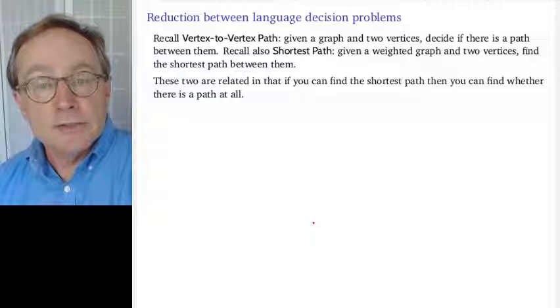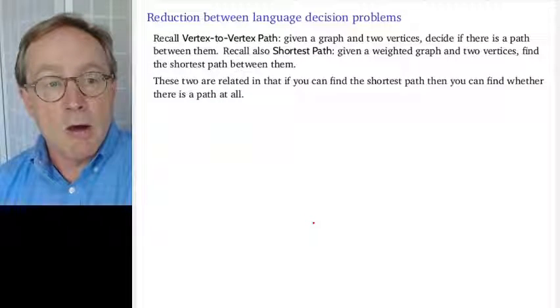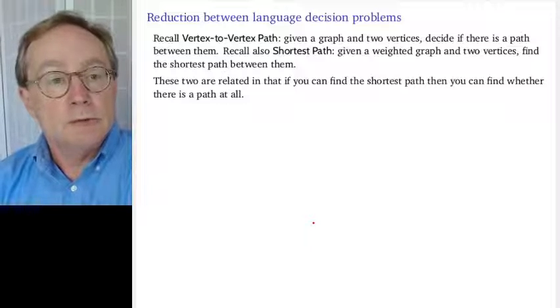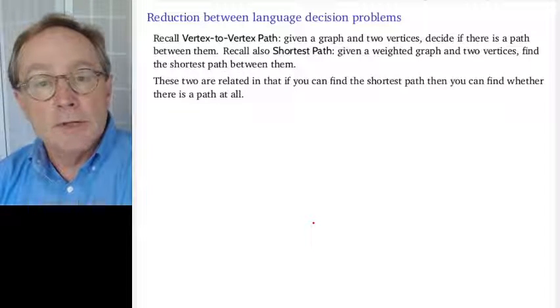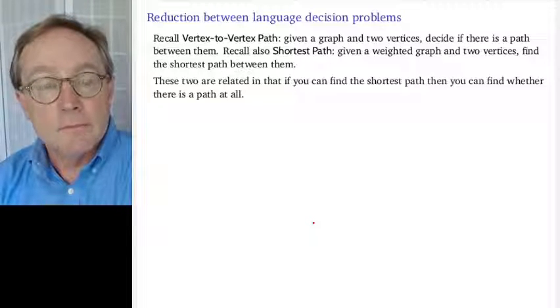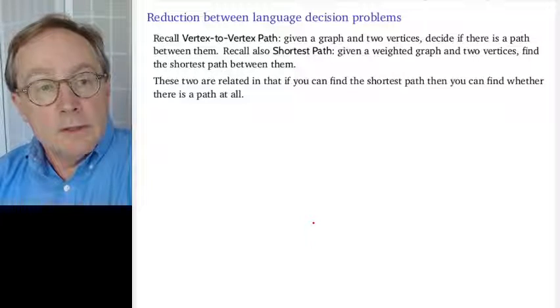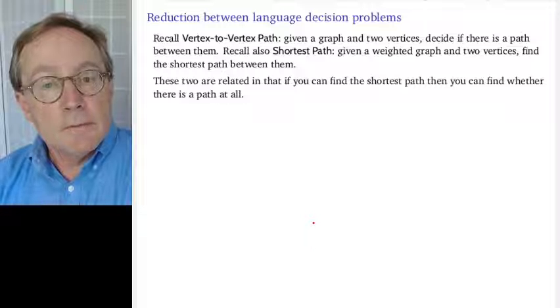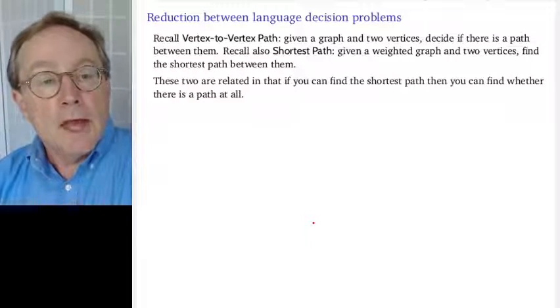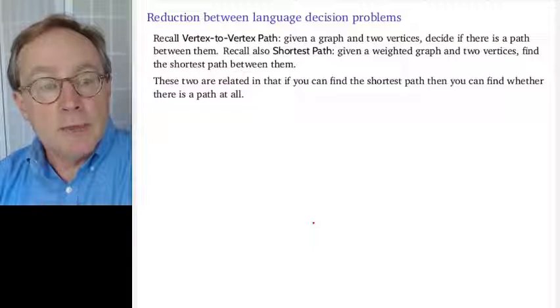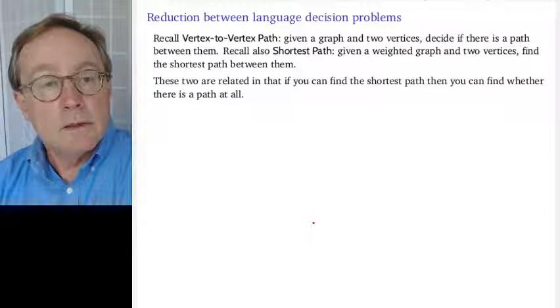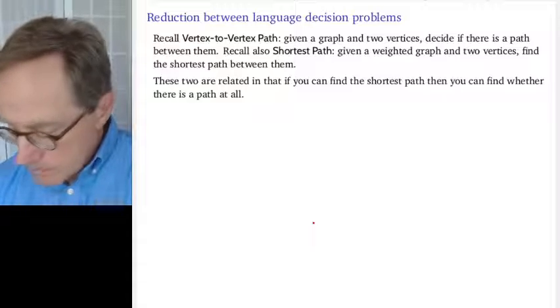So shortest path is a more complicated problem, or greater than or equal to complicated, than vertex-to-vertex path. More in the context of this chapter, if you could solve shortest path quickly, then you could solve the vertex-to-vertex path problem quickly. That is what we are after.